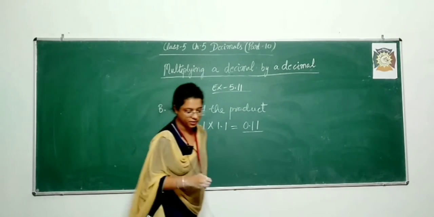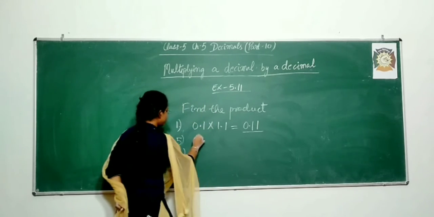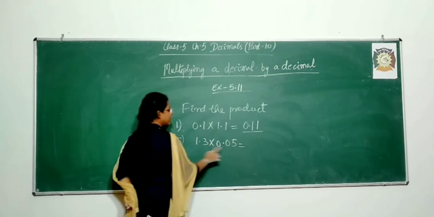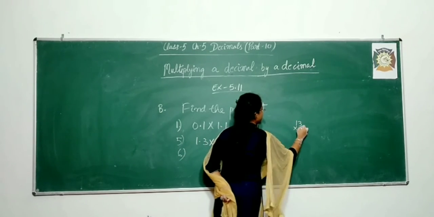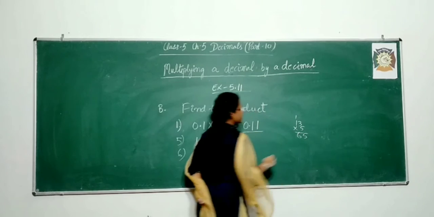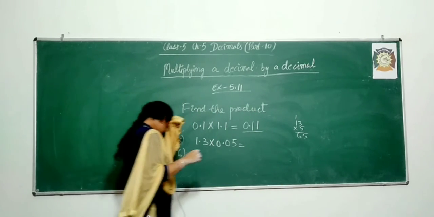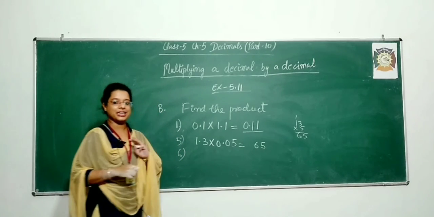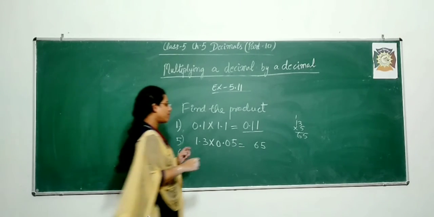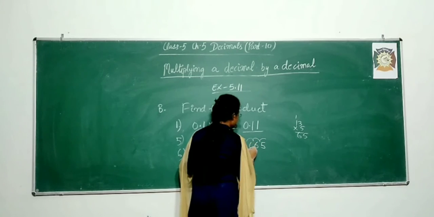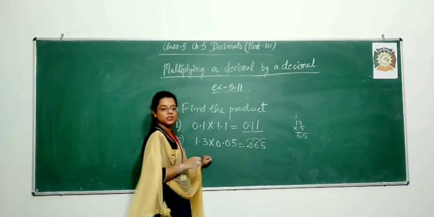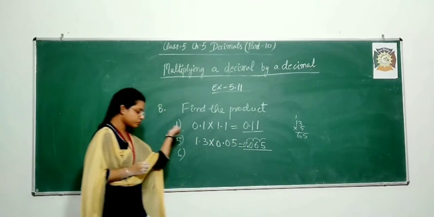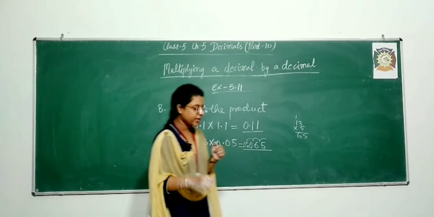The fifth part is 1.3 into 0.05. So you will multiply 13 with 5. You get 65, and you will place the decimal point after 1, 2 plus 1, 3. 3 positions moving from the right, and your answer will be 0.065.